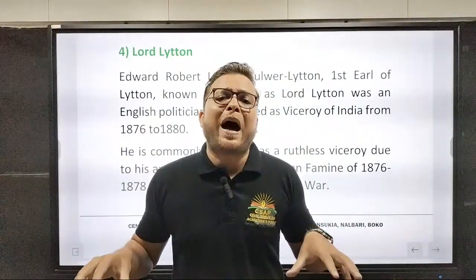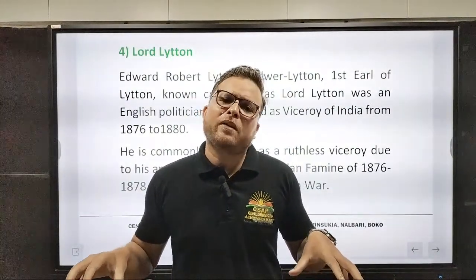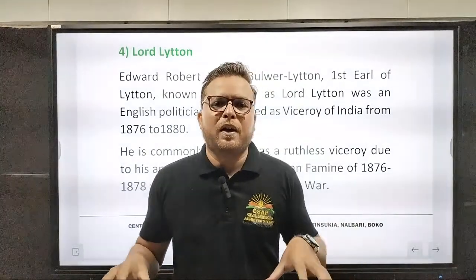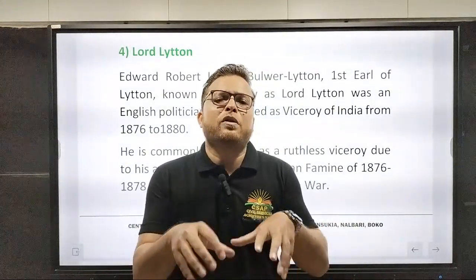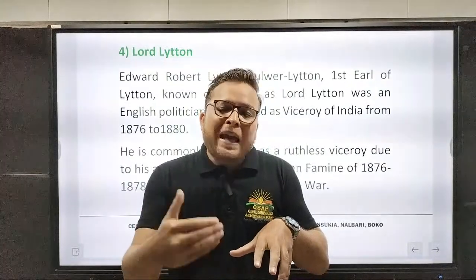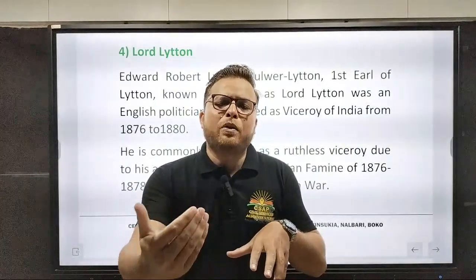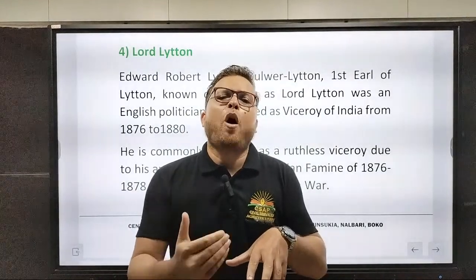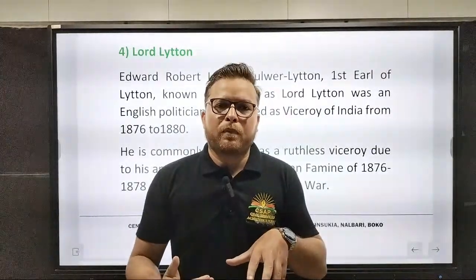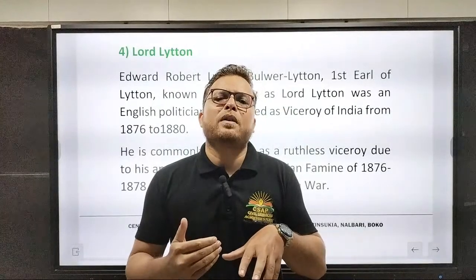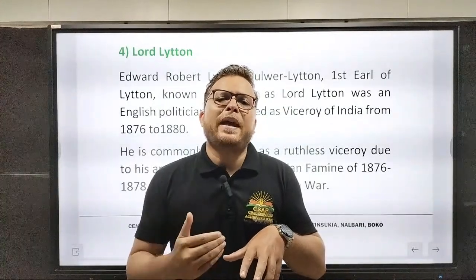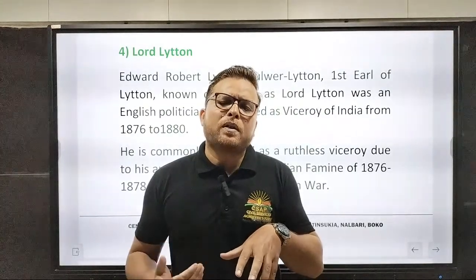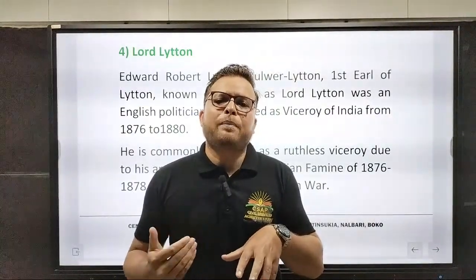What is the meaning of artificial famines? See, famines can be of two types. One, natural famines, and the other, artificial famines. Artificial famines are those famines which happened due to certain flawed decisions of the British, due to certain administrative mistakes, due to certain wrong decisions being taken by the British.